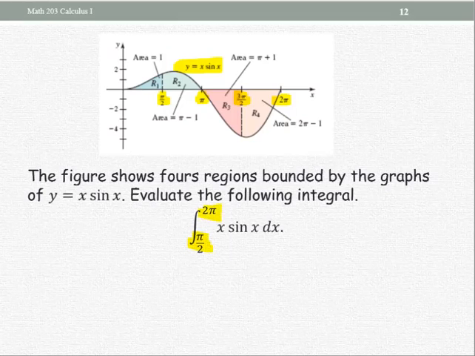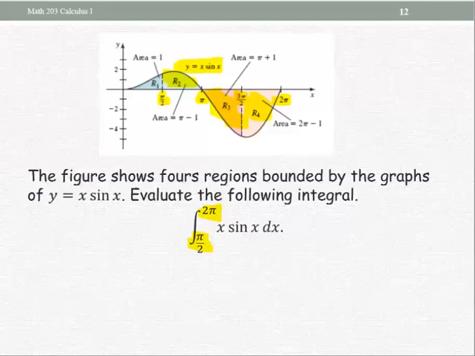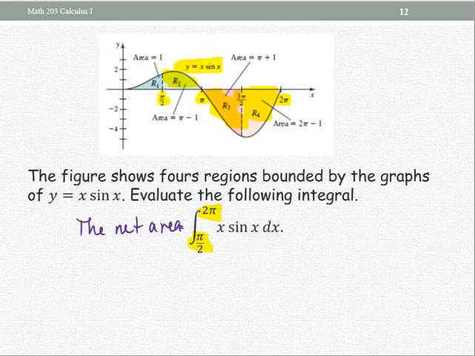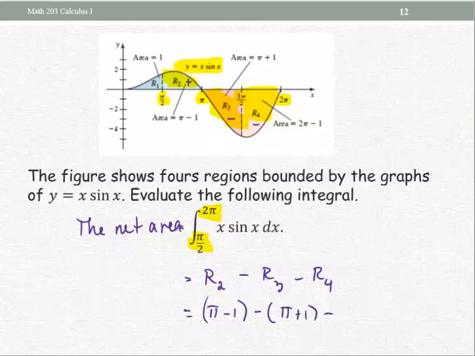So from pi over 2 to 2 pi, there are 3 regions combined. As we recall, the definite integral is the net area. So the first part, R2, remains positive, R3 is negative, R4 is negative. So we get the result as R2 minus R3 minus R4. R2 is given to be pi minus 1, subtracted by R3, which is pi plus 1, minus R4, which is 2 pi minus 1.